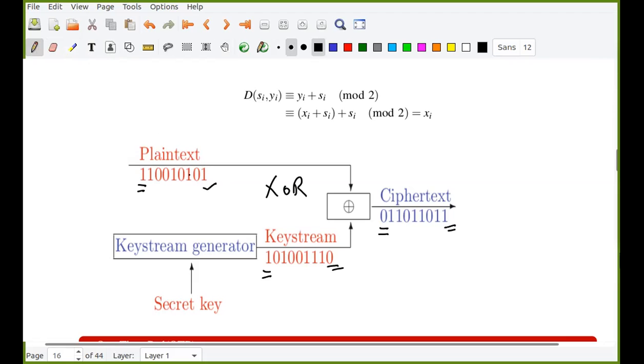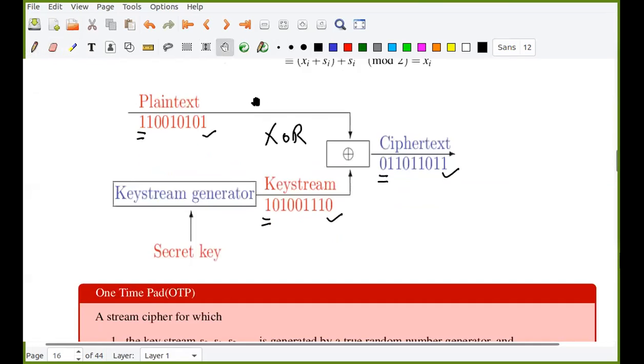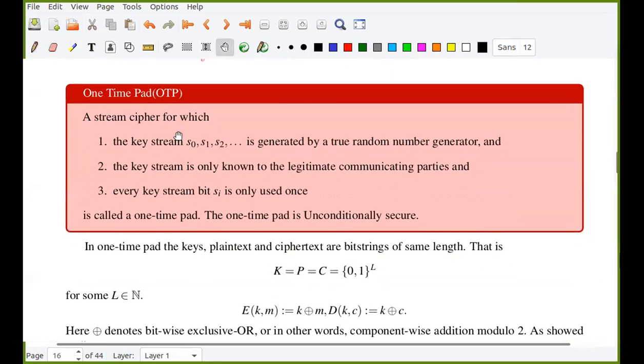Anyone has any doubts? Okay, fine. So this is called the one-time pad. In the one-time pad, the key stream is s0, s1, s2, and so on, and the key stream is known only to the legitimate communication parties.